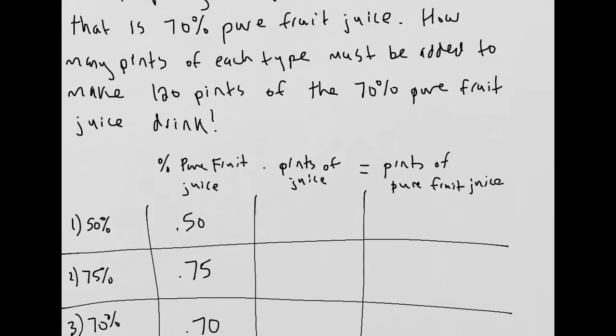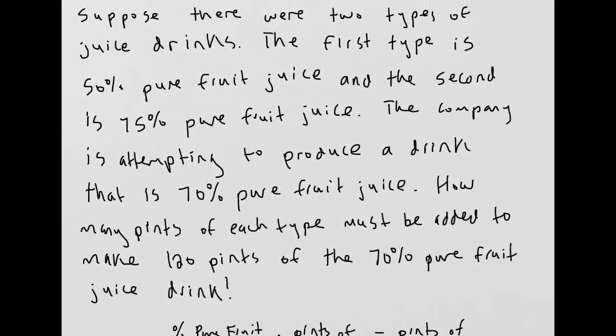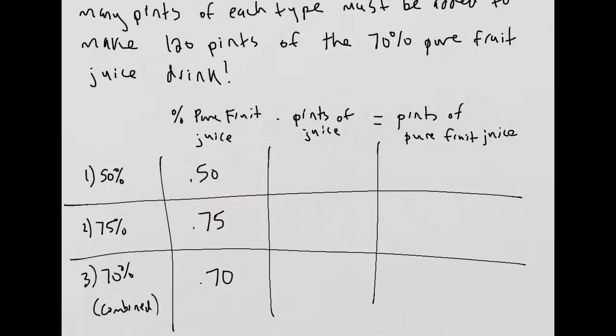How many pints of juice am I using? Well, if I go back to the original problem, I don't think they tell me much about this except for the last one. They tell me that I want to end up with 120 pints of the 70% fruit juice drink. So that one I can label as 120.